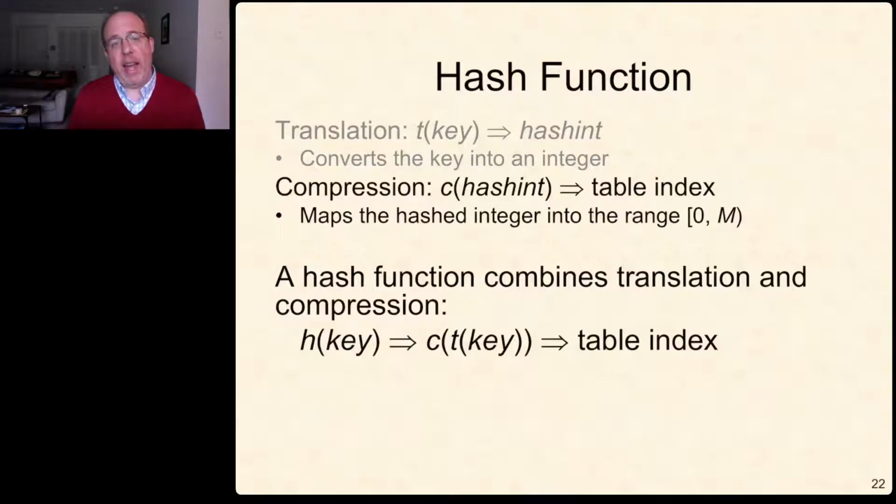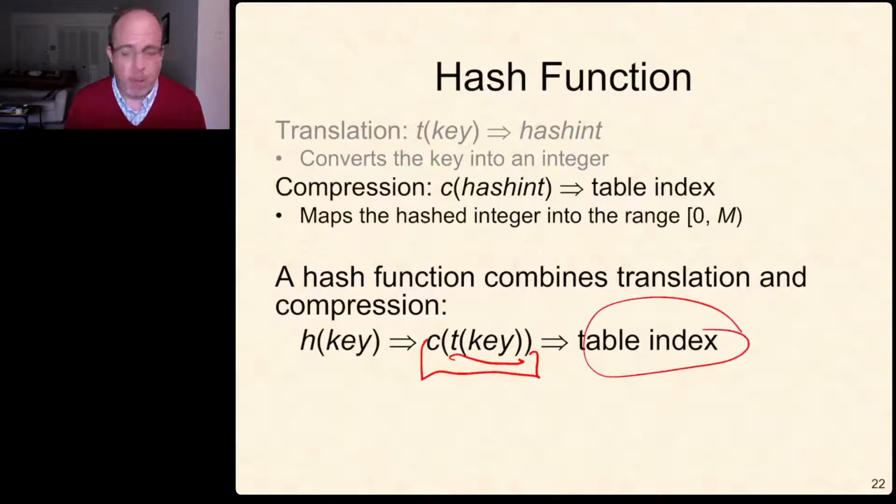Okay, this composition of the translation, which given a key gives us an integer, and compression, which given that integer gives us an index into a table of known size, is the index for the table.